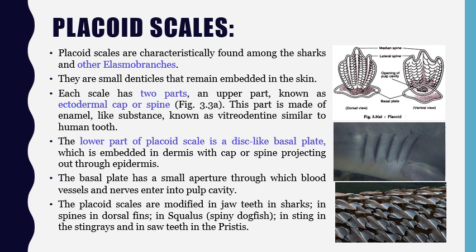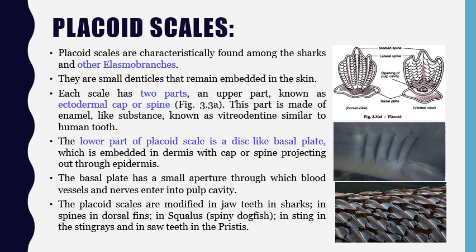These scales have two parts, and the upper part is known as the ectodermal cap or spine. This is the spine part, and it is made of an enamel-like structure known as vitrodentine, similar to the human tooth. The lower part of the placoid scale is a disc-like basal plate, which is embedded in the dermis of the skin, and the cap or spine projects out through the skin.